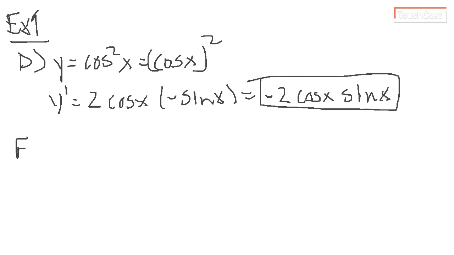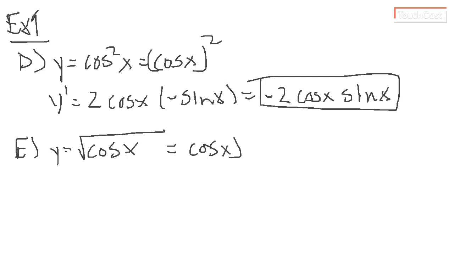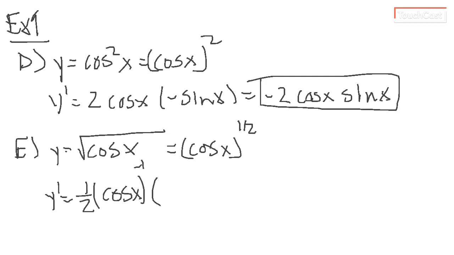Okay, let's look at one more. We're going to have y equals the square root of cosine x, which we know the square root, we can rewrite that as cosine x to the 1/2. So y prime, we're going to bring the 1/2 down, and then we have to multiply it. Oh, I forgot, I need to also put that cosine to the negative 1/2.